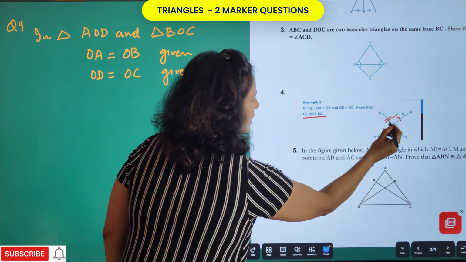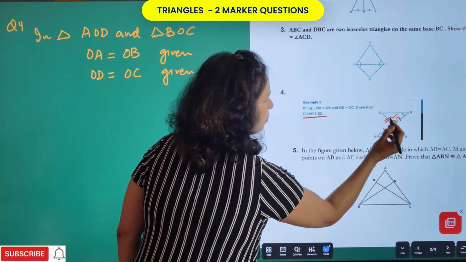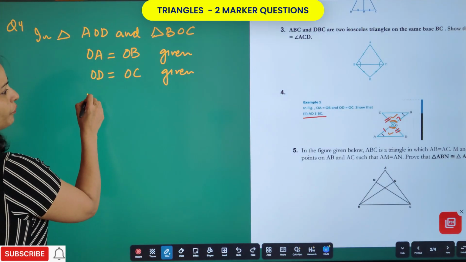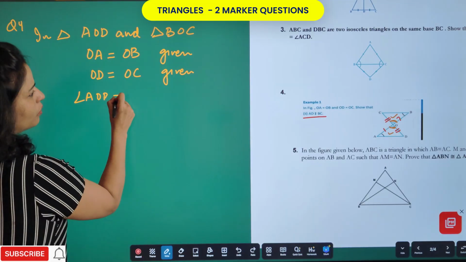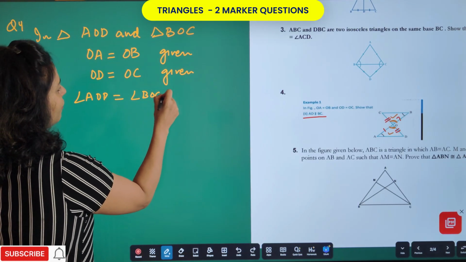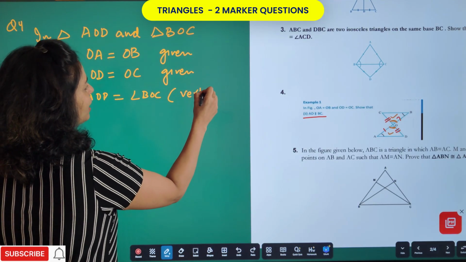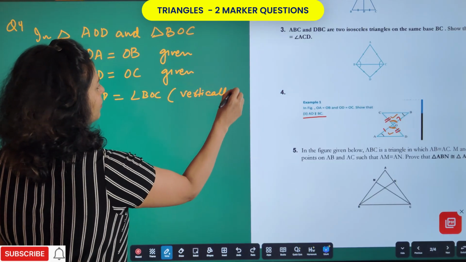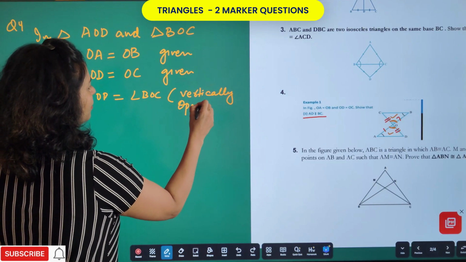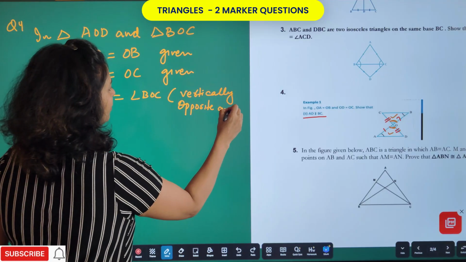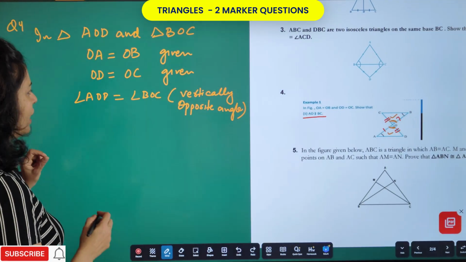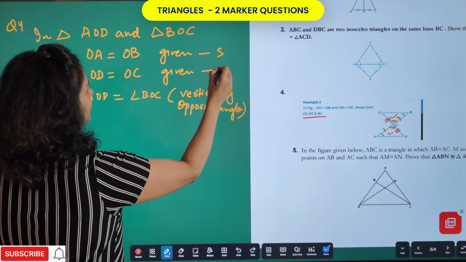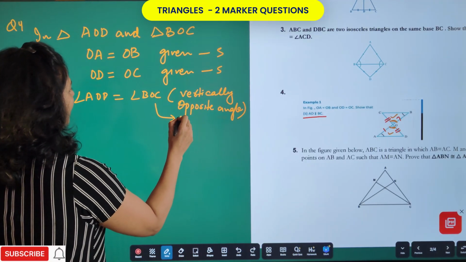And we can say angle AOD is equal to angle BOC, which are vertically opposite angles. So by these three criteria, this is side, and this is angle.